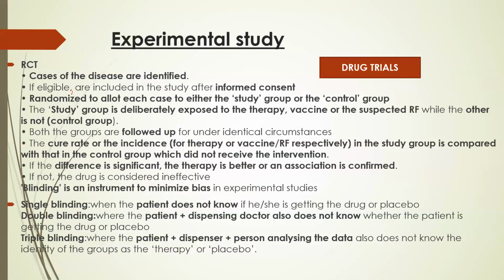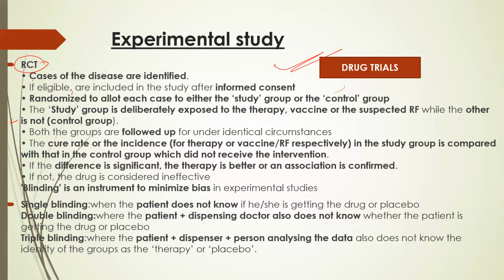Now, the experimental study, again a very important one, is a randomized controlled trial or a clinical trial. In the question, if they say anything with respect to a drug trial being considered, then they're asking you about an RCT. So remember, if a drug trial is mentioned in your question, straight away mark RCT.